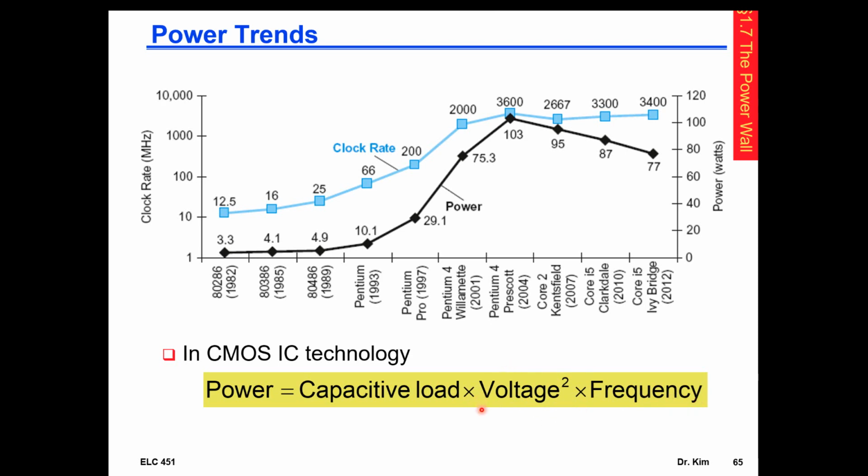What this says is that if you wanted to reduce power, the best thing to do is to reduce the power supply voltage. The problem is that through this time, the 80s, 90s, early 2000s, the power supply voltage went from 5 volts to about 0.9 volts.